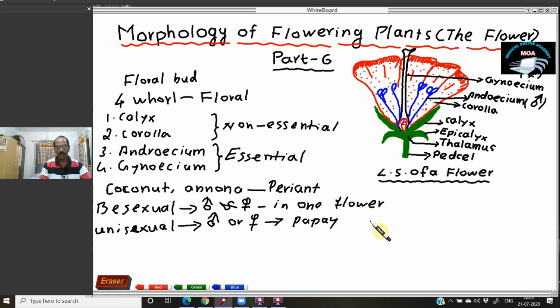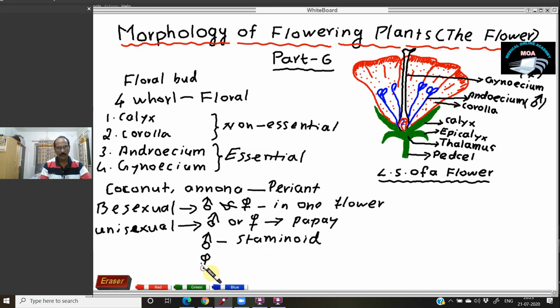So this is called unisexual. So a flower may be bisexual or unisexual. If only the male sex organ, the stamen or androecium, is present, that is known as a staminate flower. Only the male sex organ is present, so that flower is known as staminate.